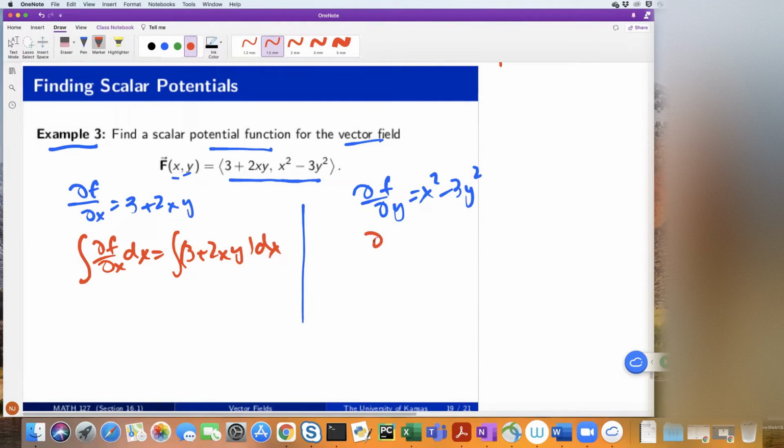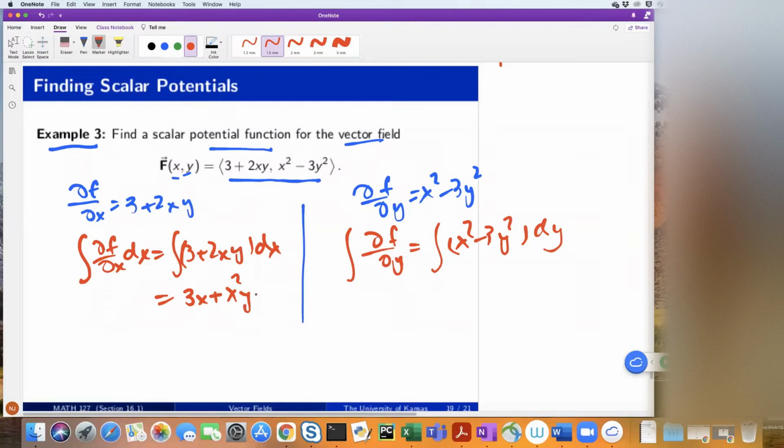And I do the antiderivative of the partial with respect to y separately. Let me finish that one and I come back to here. Okay, so this one, the antiderivative with respect to x gives me 3x plus x squared y, right?